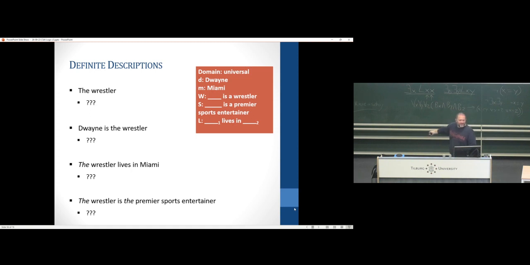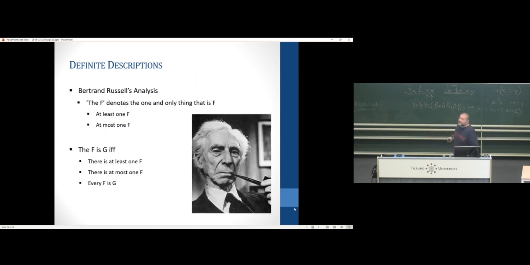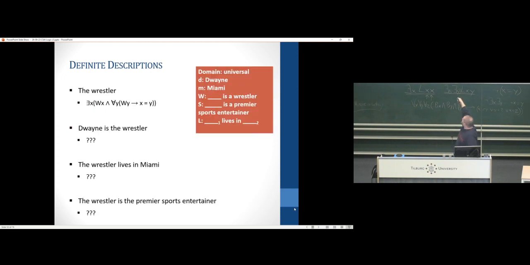To go back a couple slides, if we take Russell to be right, the F tells us there's at least one F and at most one F. So we can read the F as at least one, conjunction at most one. And that's what this is encoding. It is literally using that symbolization we did just a few minutes ago for the at most and just sticking it together with the at least. That's the nice thing about it.